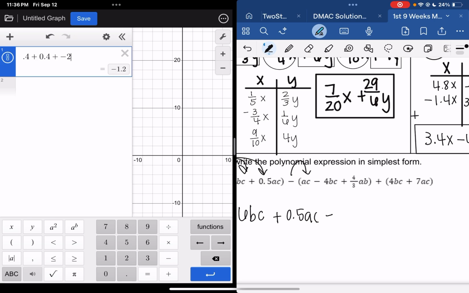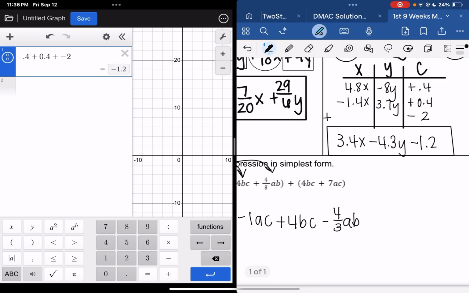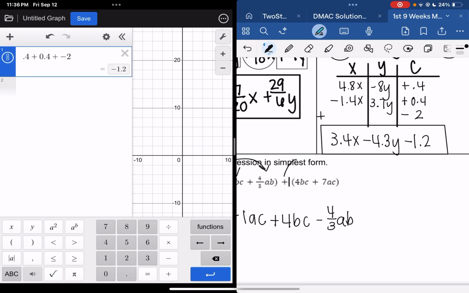So this negative sign that I'm distributing, it's a negative 1. Negative 1 times AC. Negative 1 times negative 4BC is a positive 4BC. Negative 1 times 4 over 3AB is a negative 4 over 3AB. This positive 1, that's a positive 4BC. Positive 1 times 7, so positive 7AC.